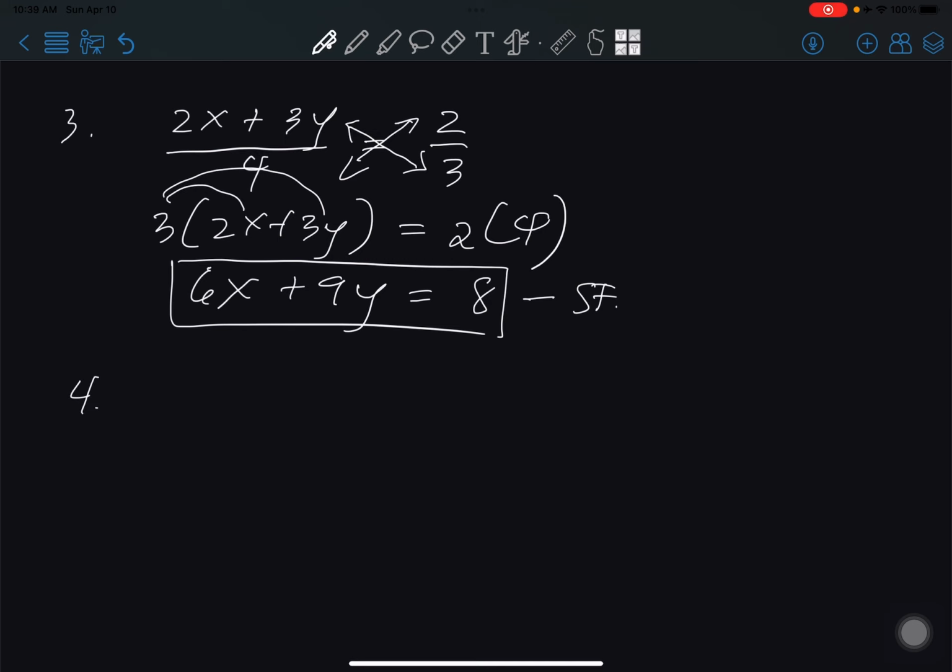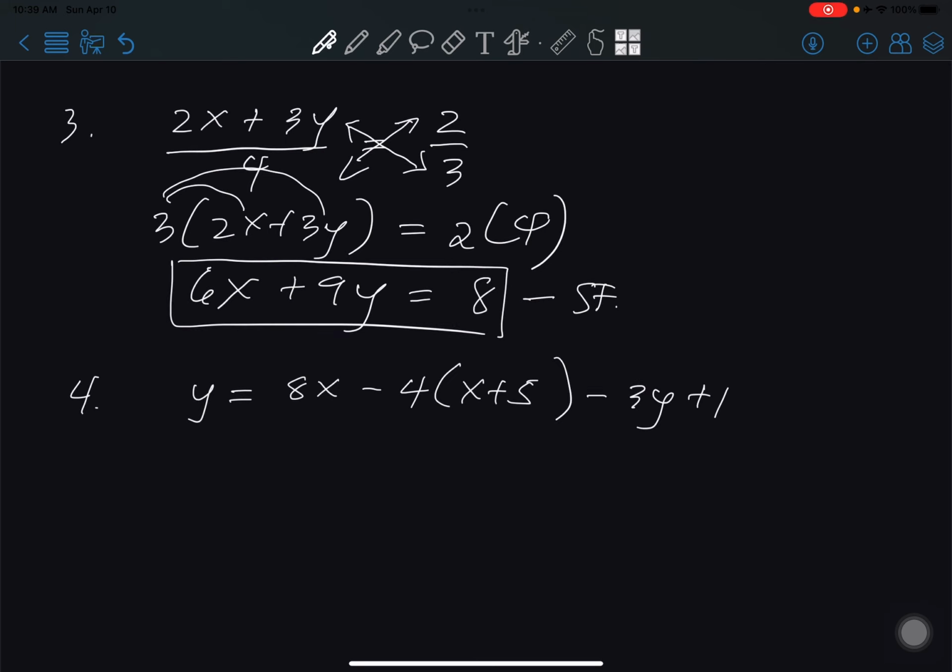Another, let's say we have y is equal to 8x minus 4 times x plus 5 minus 3y plus 1.